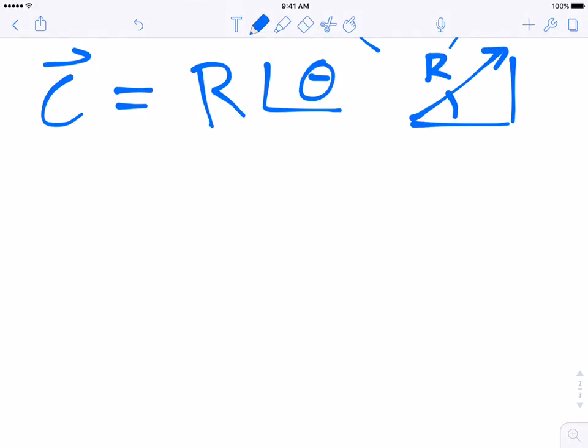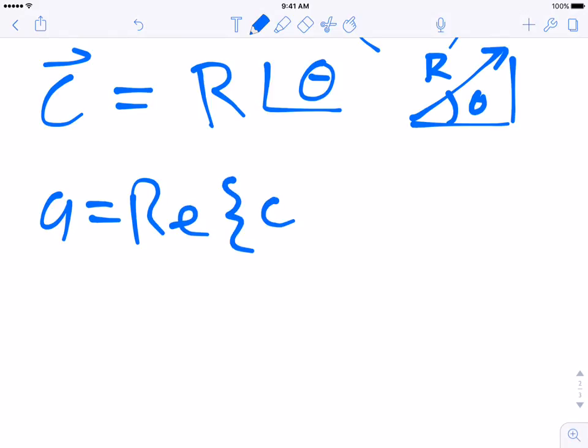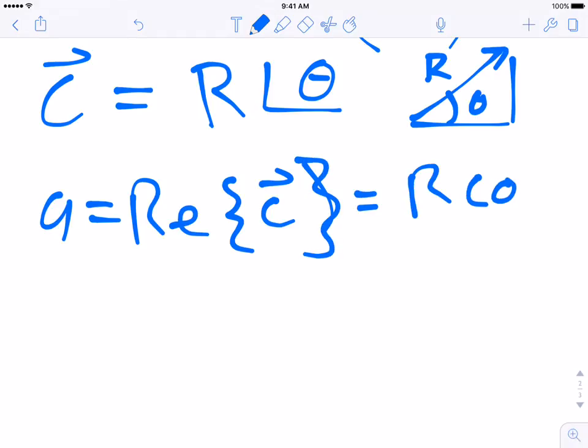So we got r and we got theta. So how can we find a and b? Well, a is the real part of c, right? And that's just r cosine of theta.